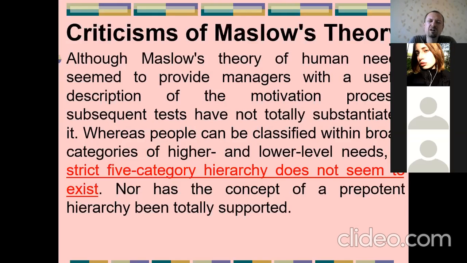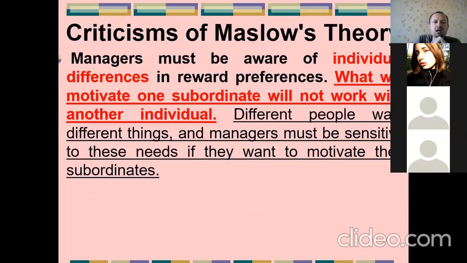there are, I would say, not problems, but a little bit weak points within the theory. Firstly, we don't always have this order of needs. We are all different people and we have a little bit different needs.